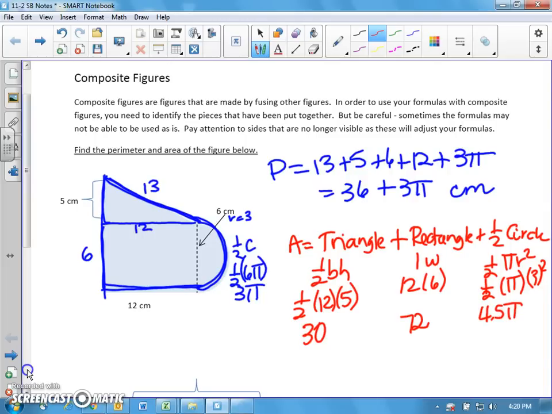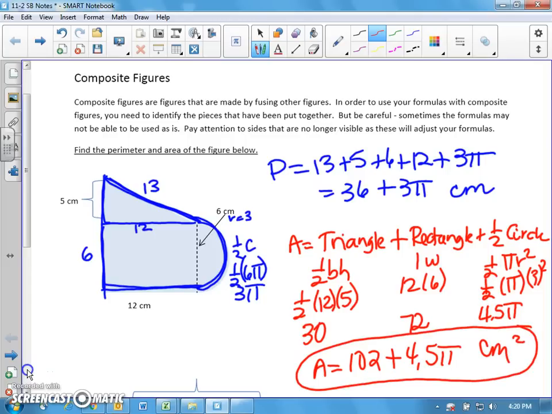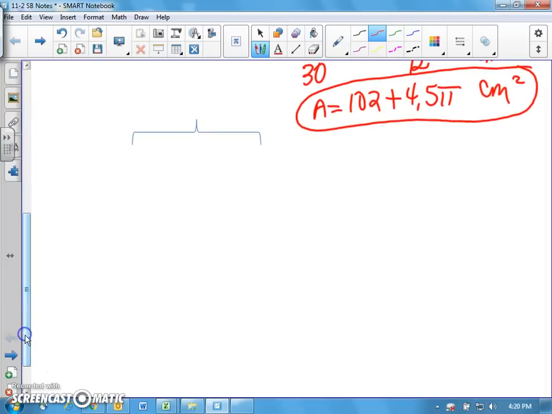And so what we need to do to find our area is add all of this together. So my area would be 102 plus 4.5 pi. And since it's area, that's going to be square units instead of linear units. So now let's look at what happens when we take pieces out.